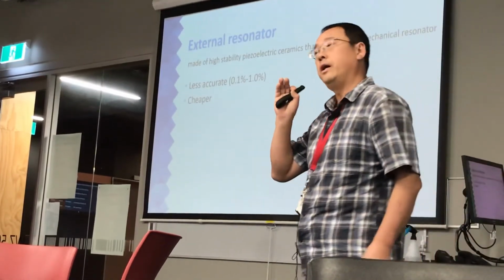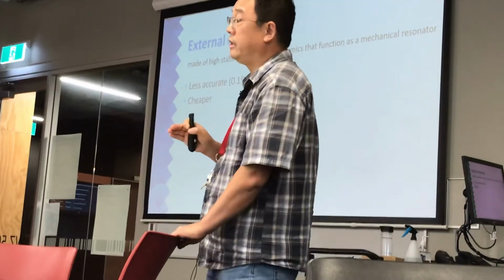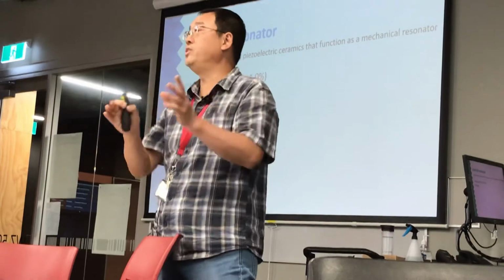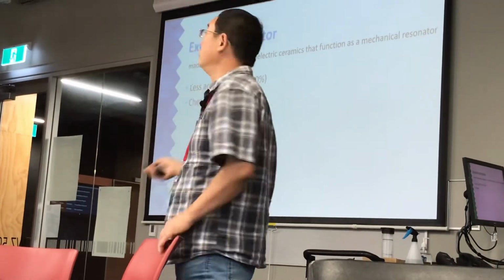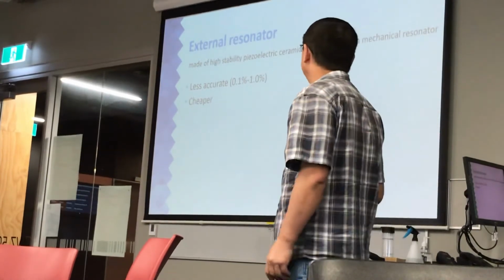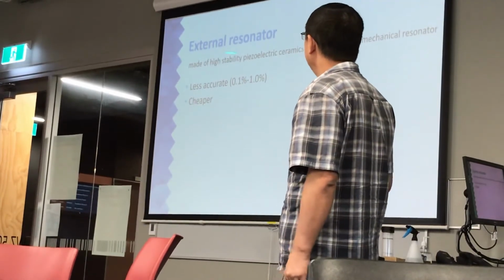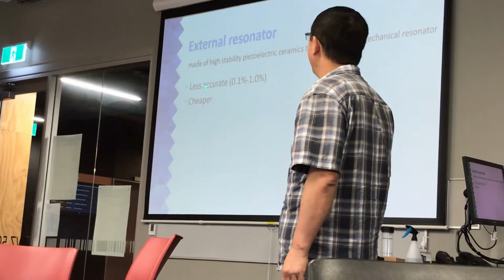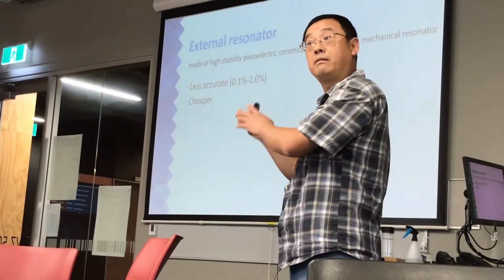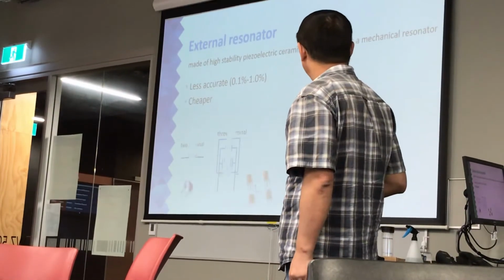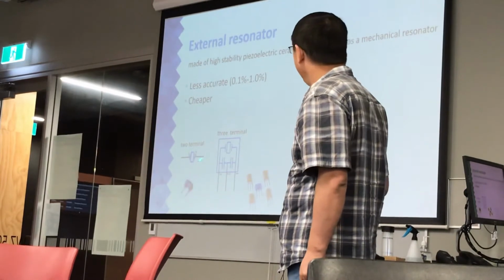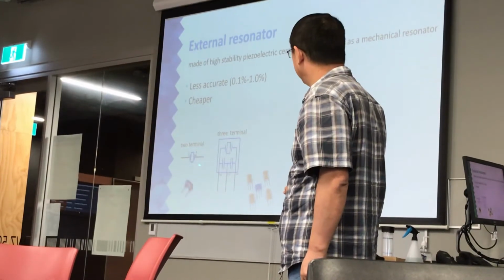Because both external RC and internal RC clocks have the disadvantage of very low accuracy, now we're going to use an external resonator. The accuracy of the external resonator is better than the RC clock. That is the symbol for the external resonator.